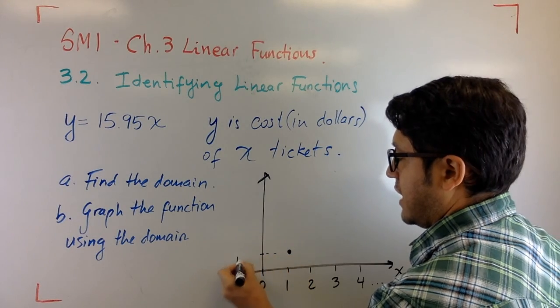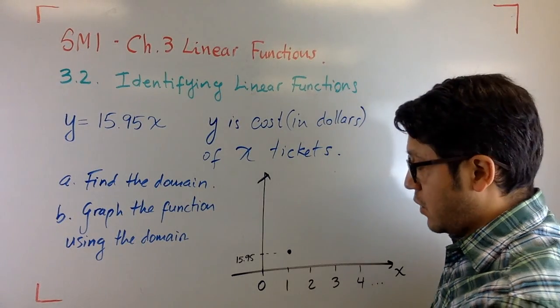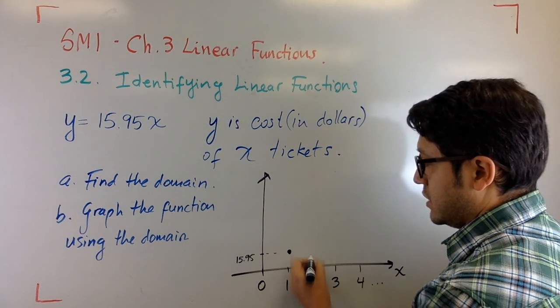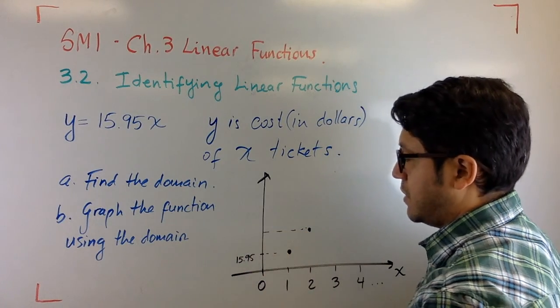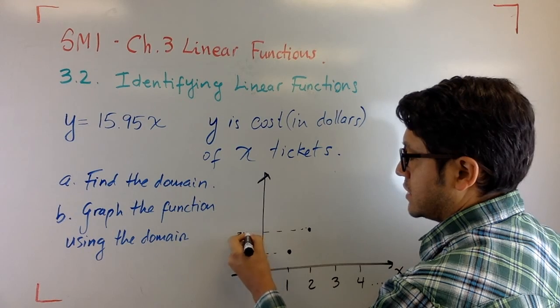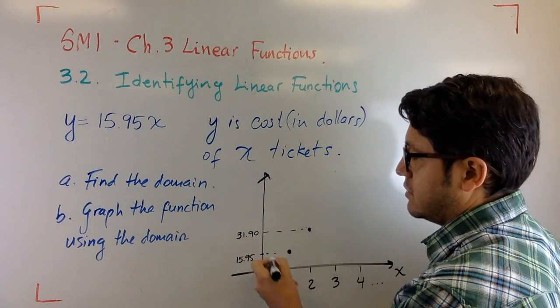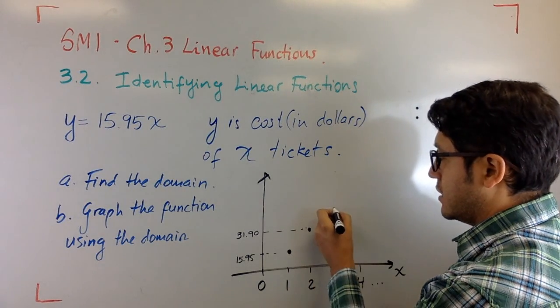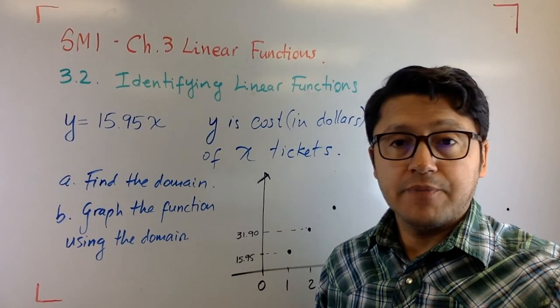So here I have $15.95, right? Now what about 2? Well, 2 will be twice as much, all right? And this corresponds to 31.90, or 31.9, right? And so on, right? These are the numbers that we could obtain.